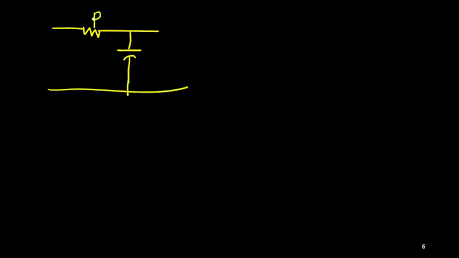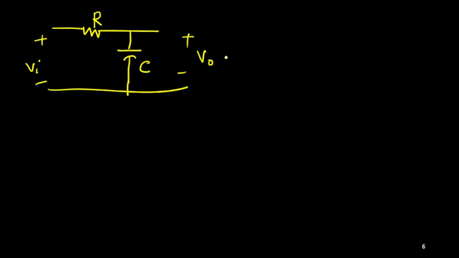If you have this kind of system, I'll consider one example straight away. This is your resistance, this is a capacitor C. This input is Vi, this is the output V0.